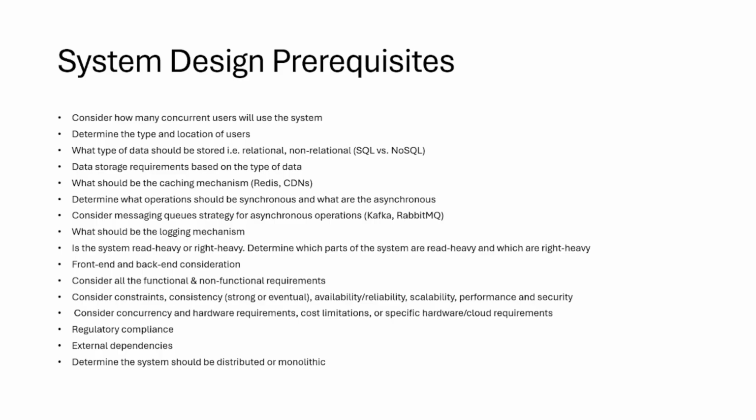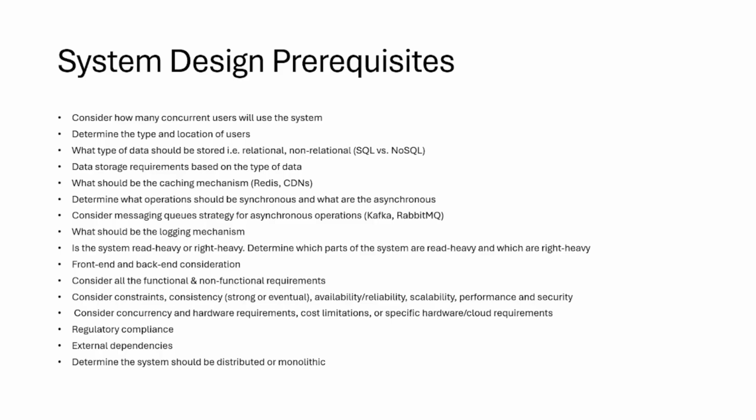Data storage requirements based on the type of data, because not all the applications or not all the modules of a particular application need the same amount of data, or the same type of data. So based on the type of data, you should select the correct data storage platform.